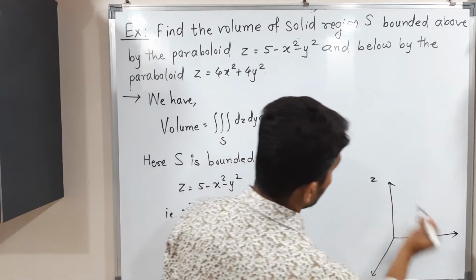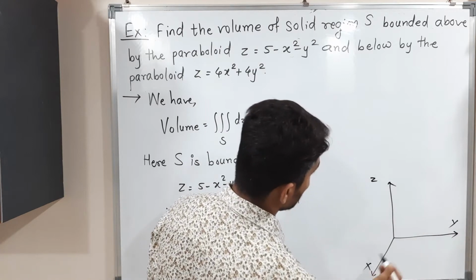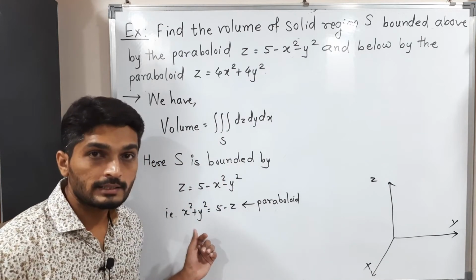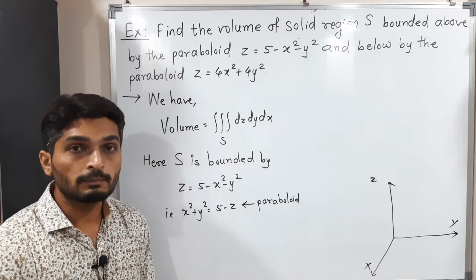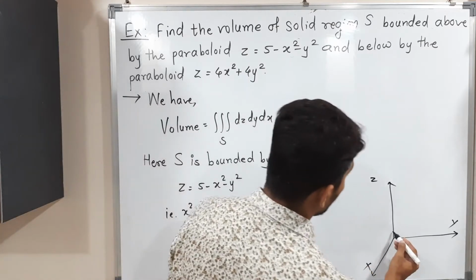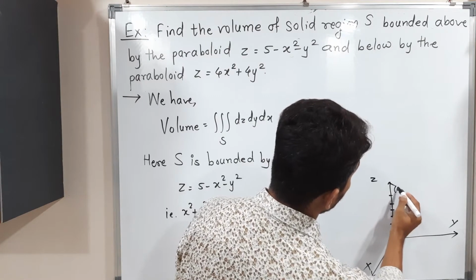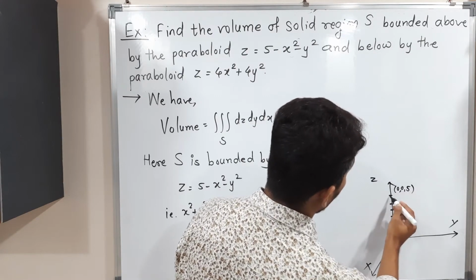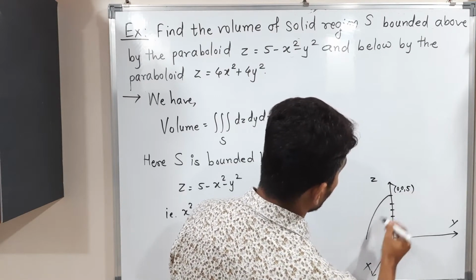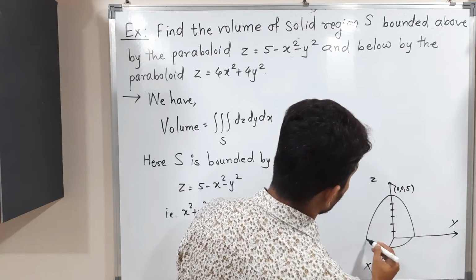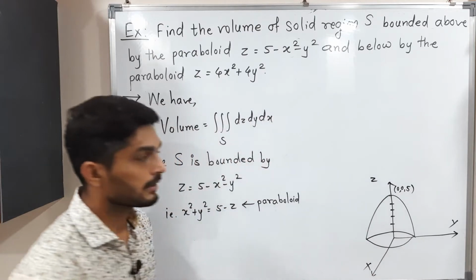If I put x and y as 0, the value of z will be 5. So this paraboloid cuts the z-axis at (0, 0, 5) and it is in the direction of negative z-axis. So the paraboloid will be like this. This is the given paraboloid.